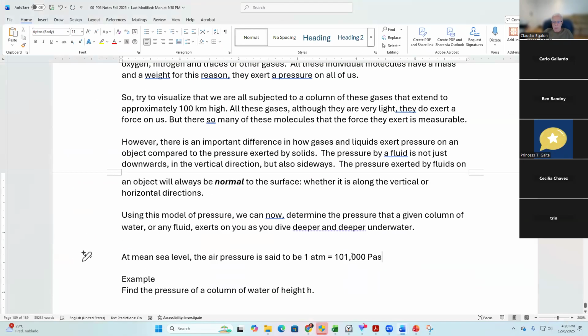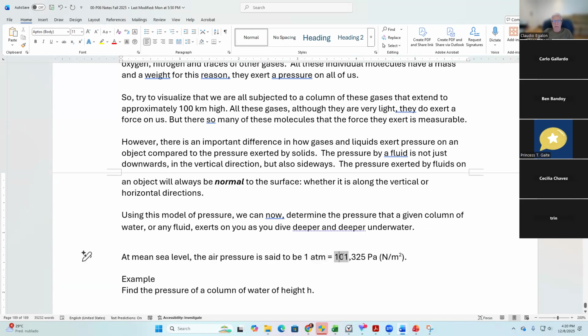You abbreviate Pascal by Pa, which is Newton per meter square. Can you remember that? Just remember 1 atm.